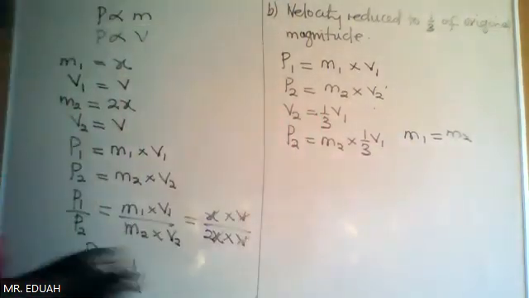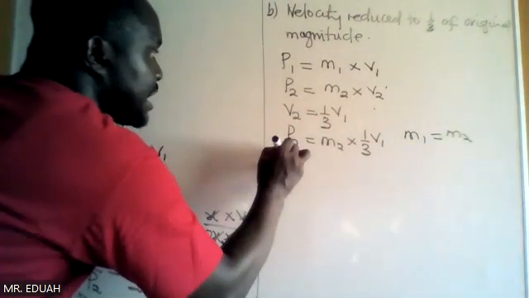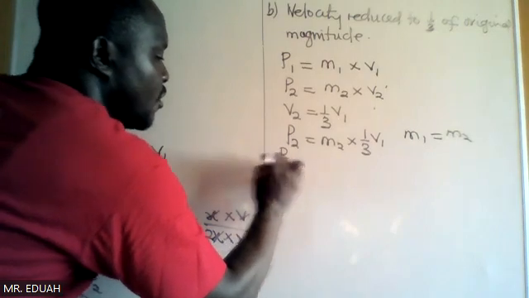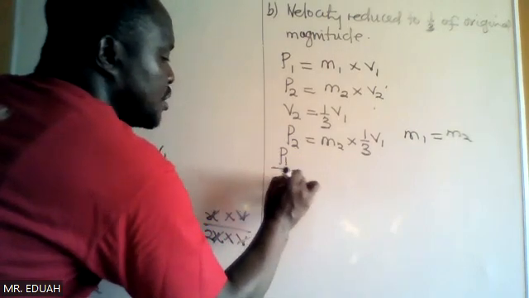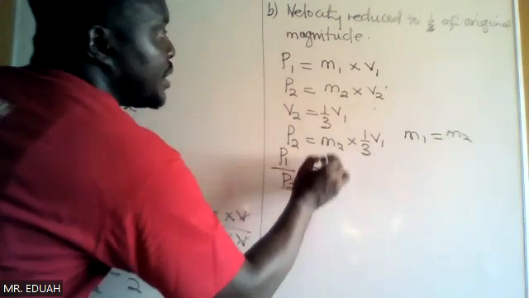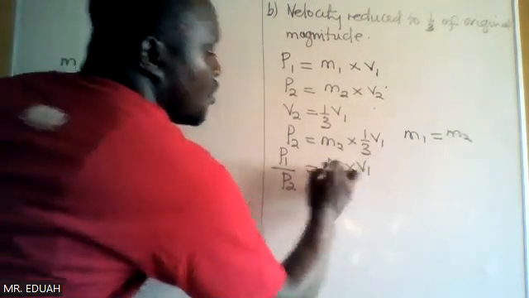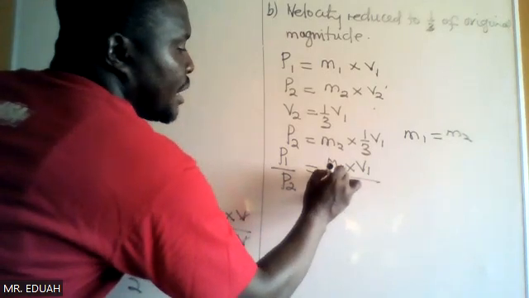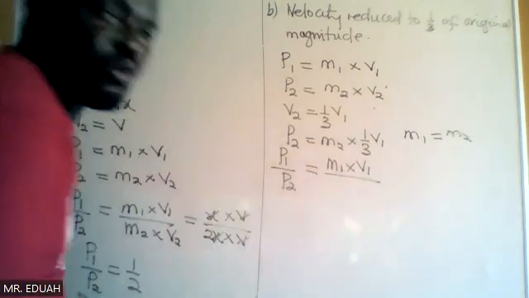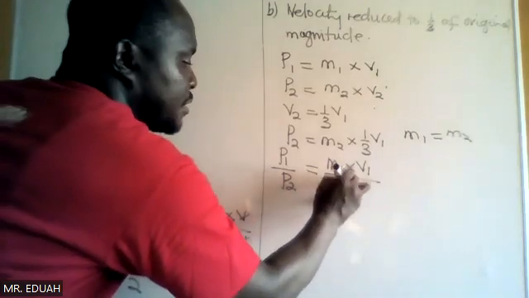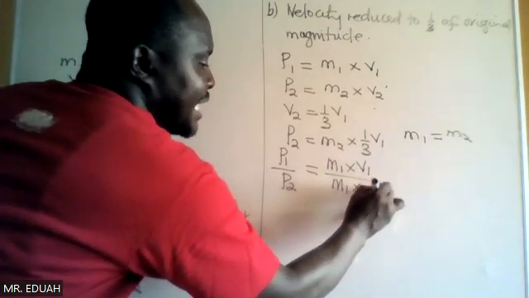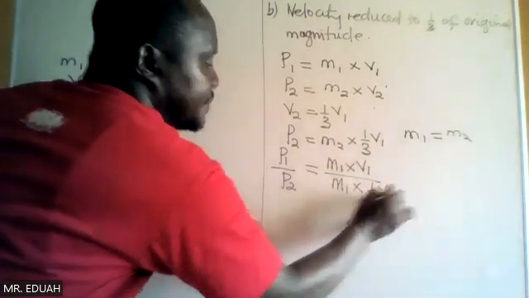So M1 is equal to M2. So if you take P1 over P2, this is equal to M1 times V1 over M2, which is the same as M1, times 1/3 of V1.